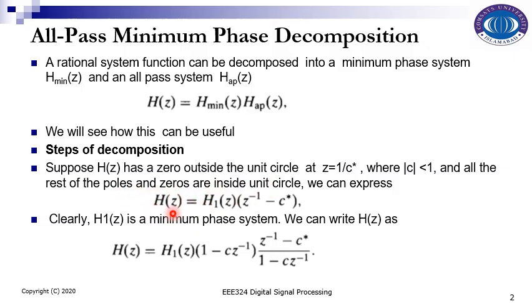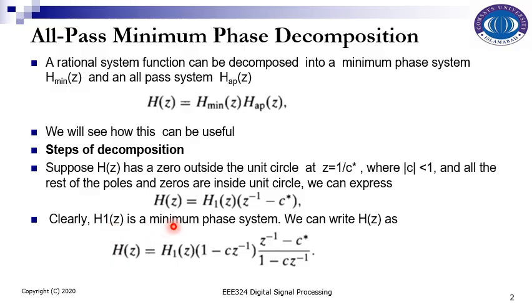So it's just a way of expressing H(z). We have expressed H(z) as the rest of the poles and zeros, and the one which was outside at 1 over c star, that zero factor we have written like this. We will think of it as taking that zero out of H(z).